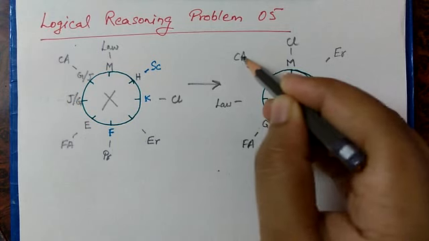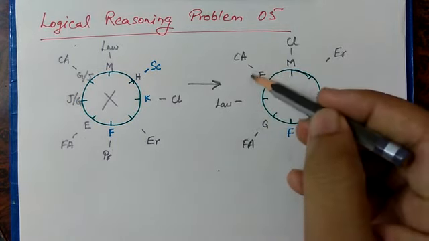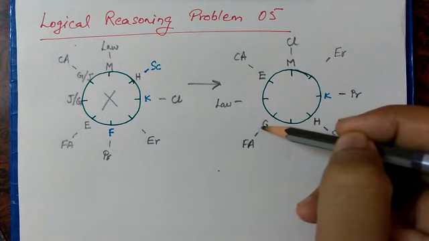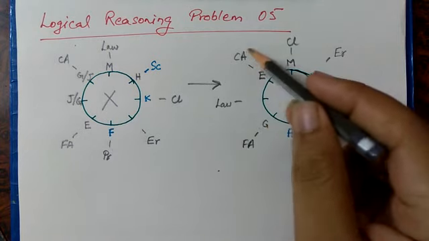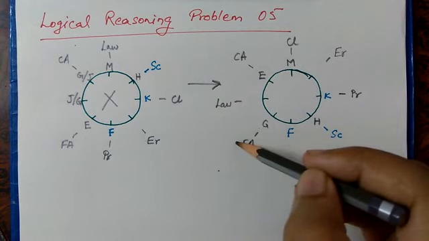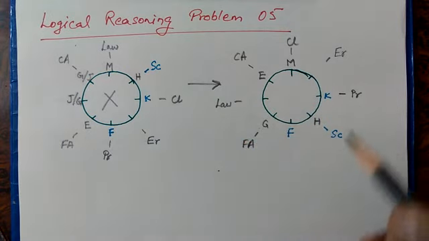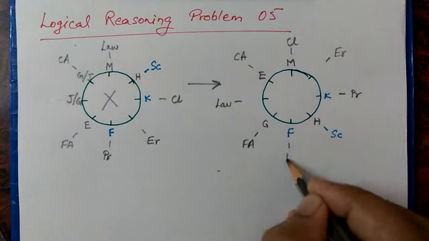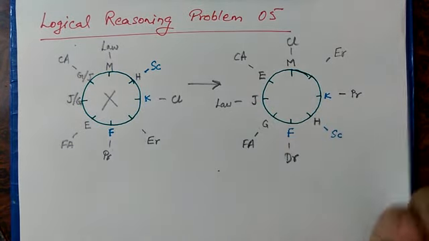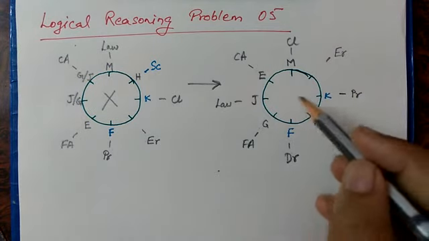Then only it will satisfy the condition that G is to the right and in the second position from CA. So this is the only possible case that can happen. So the only profession that was left for tagging is doctor. So we have to put doctor over here and J over here. So this is our solution.